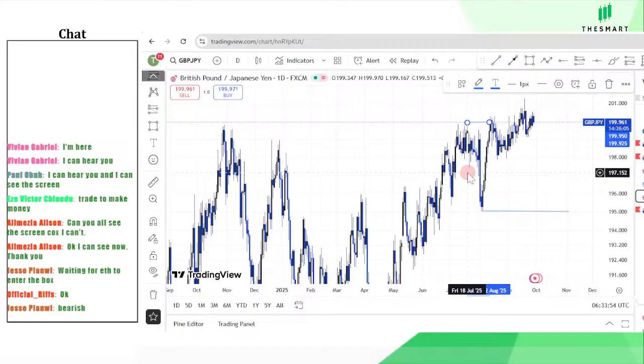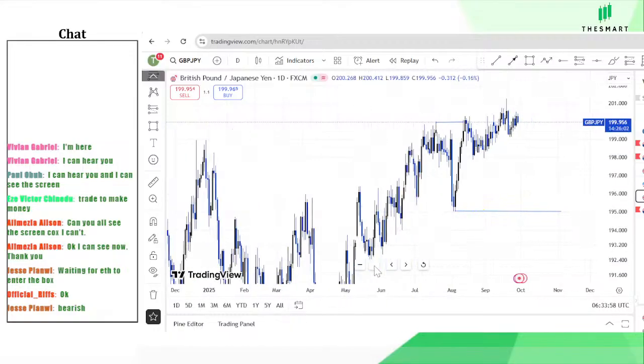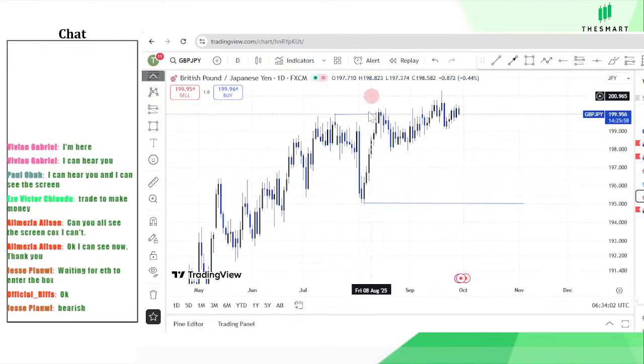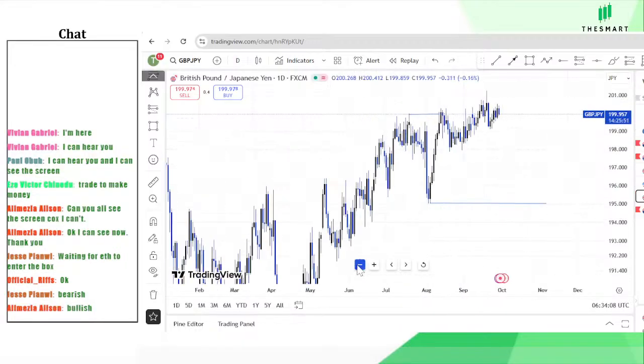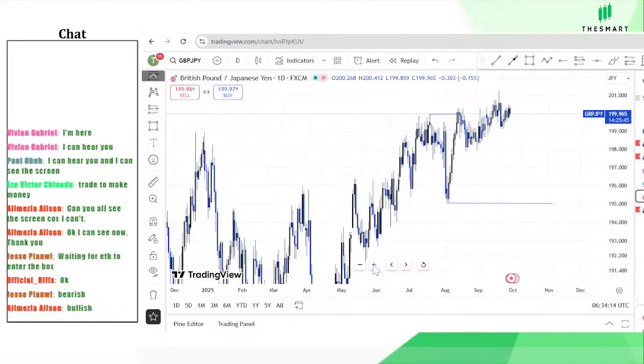We are bullish, we are bearish? Okay, let's find it out together here. So looking at this range, the price is bullish. Even if you want to look at it from this point, the price is still bullish.